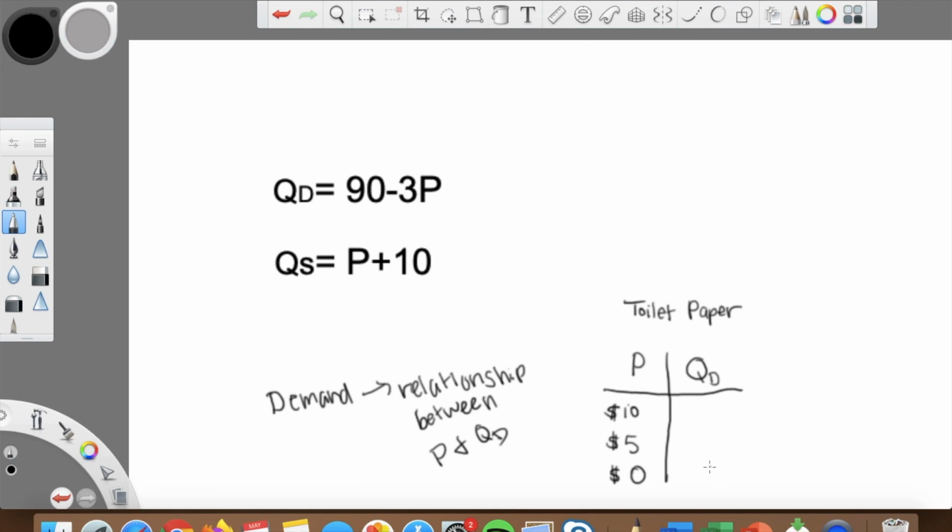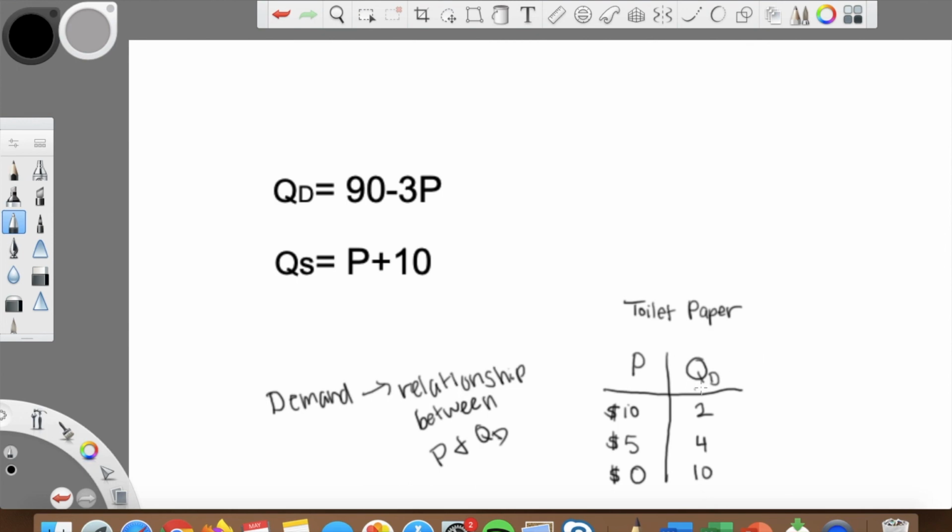Let's say if I try to sell it for $10 a roll, only 2 people are interested in buying it. If I drop the price to $5 per roll, maybe now I get 4 people who are interested in it. The quantity demanded of toilet paper is 4. If I start giving it away for free, let's say 10 people want it because there's a shortage. My market, I guess, is fairly small.